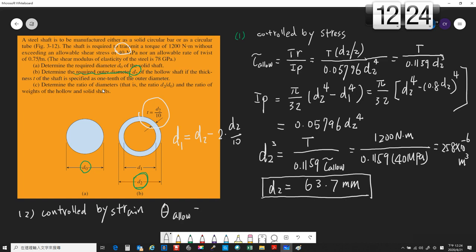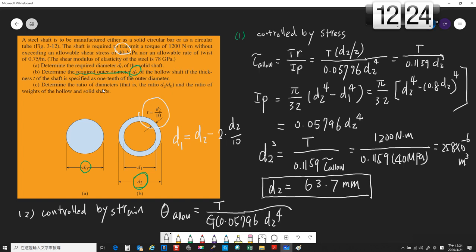Allowable theta is equal to the torsion divided by shear modulus, and 0.05796 and D2 to the fourth.